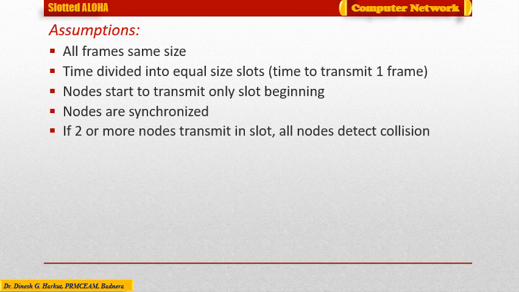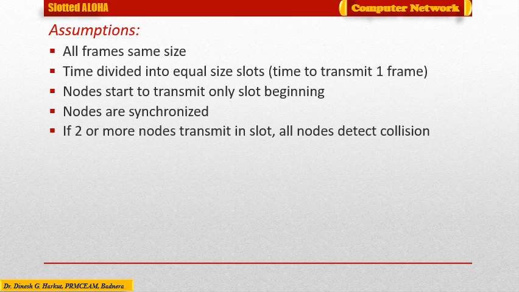Time is divided into slots of size L by R, where R is the channel rate. That is, a slot equals the time to transmit one frame. A node starts to transmit a frame only at the beginning of slots.